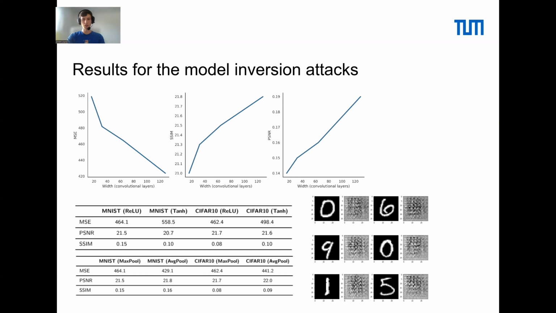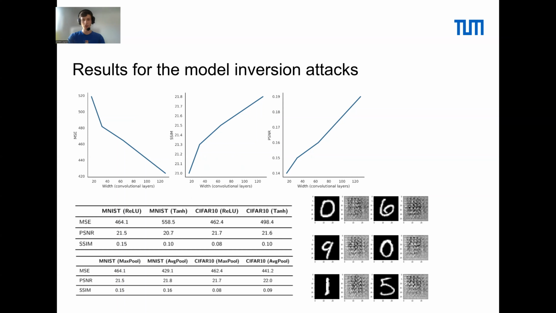For the decoder attack, we found that increasing the width of the convolutional layers presented the attacker with more data that they could utilize to reconstruct the images. And if the model is pretty shallow, if there isn't enough width, then the attacker may struggle to obtain meaningful representations.